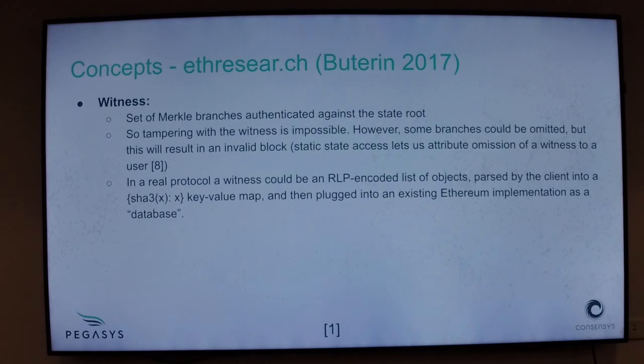And for the validator, to validate that this block is correct, they need to look up the same parts of the state, right? And they need to execute this transaction. But they don't have the state completely.